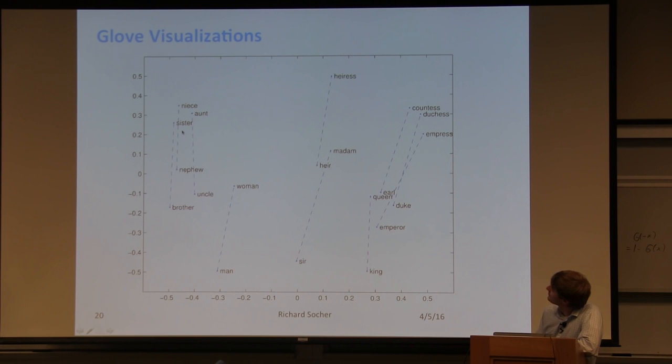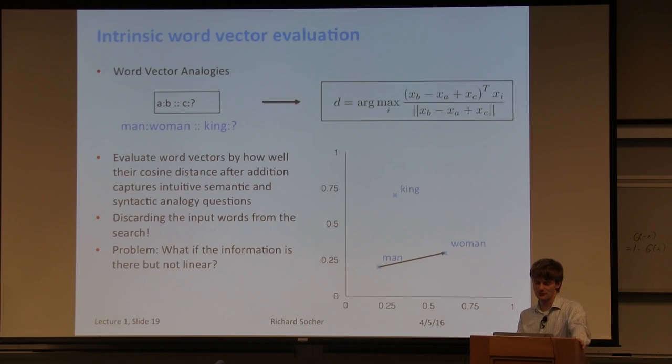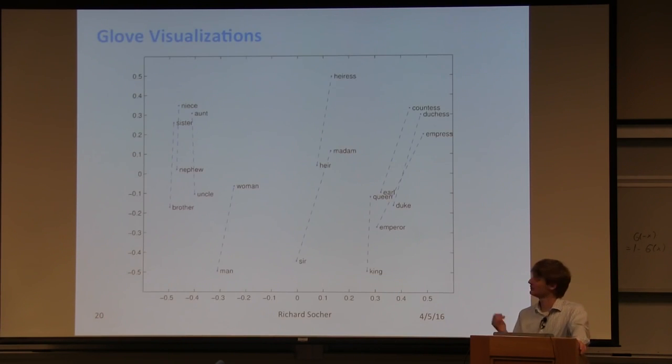So brother is to sister as nephew is to niece. Or sir is to madam as heir is to heiress. And for some, they're even nicer and they go exactly in the same direction and have similar lengths, and in others they're not quite, but still go roughly in a similar direction and have roughly similar lengths. Of course, the length shouldn't matter because we'll use the cosine distance here, but for this visualization, you still see that there's a difference, which we'll get rid of in our evaluation.